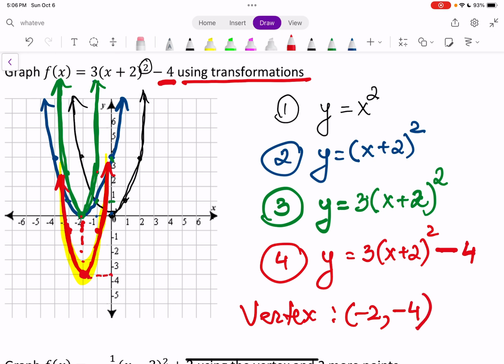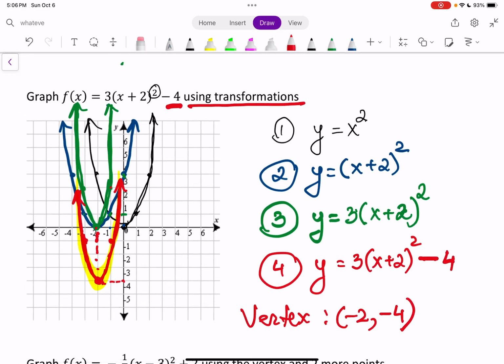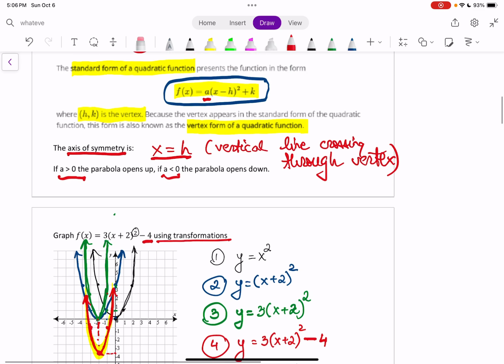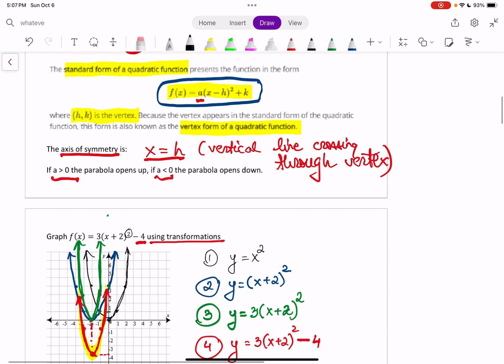So just as you see right here, and it's the opposite, right? See how in this equation here it says x minus h? So the vertex is at what's subtracted from x. And in here, what's subtracted from x is a negative 2. Therefore, minus minus 2 gives you the plus 2.